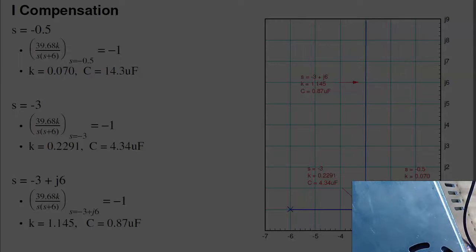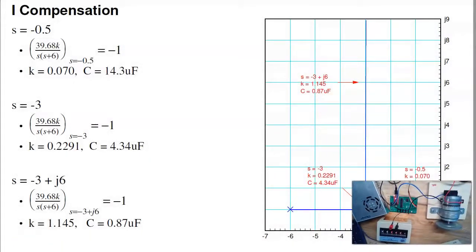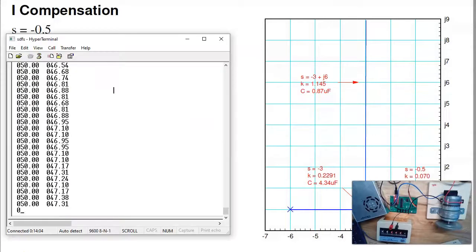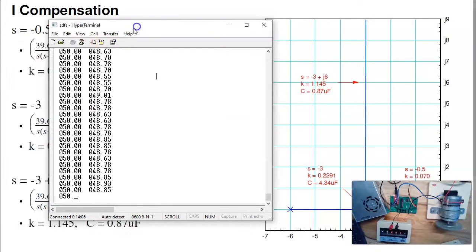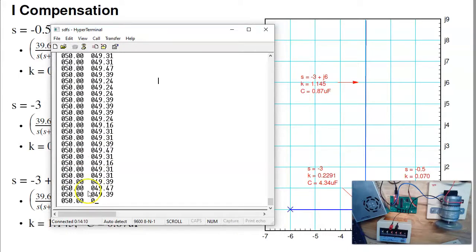So let's try it. 1001, 1002, 1003, 1004, 1005, 1006, about 8 seconds. You can see that on hyperterminal as well. In hyperterminal, here's my desired speed, 50. Here's the actual speed.